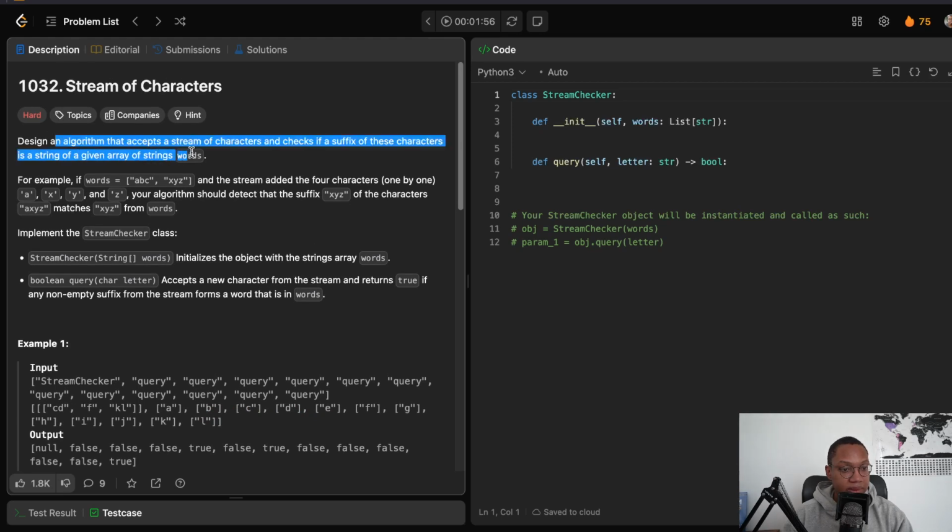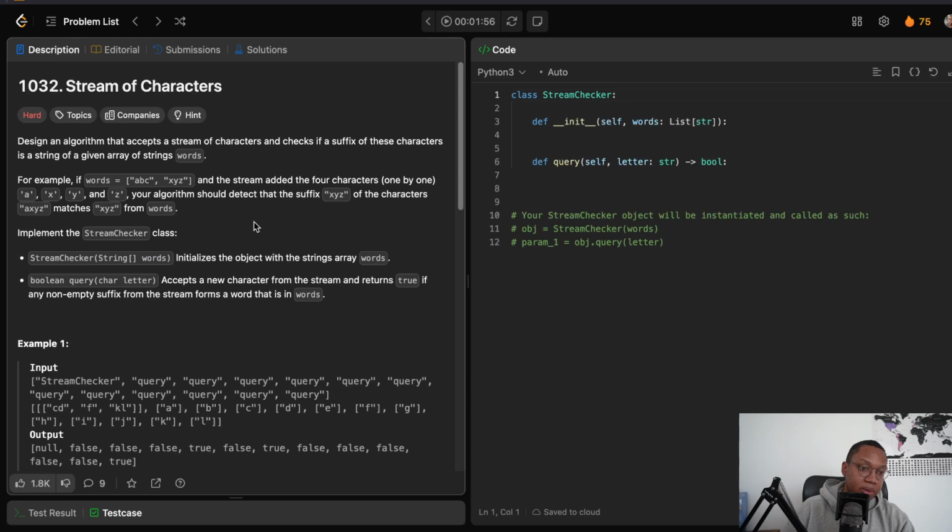Design an algorithm that will accept a stream of characters and checks if a suffix of those characters is in a given array of words. For example, you have the words, and the stream has 4 characters, a, b, c, x, y, z. Your algorithm should detect that the suffix xyz matches.